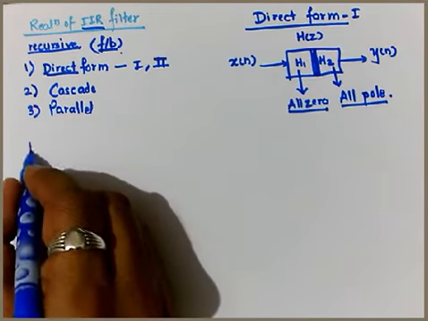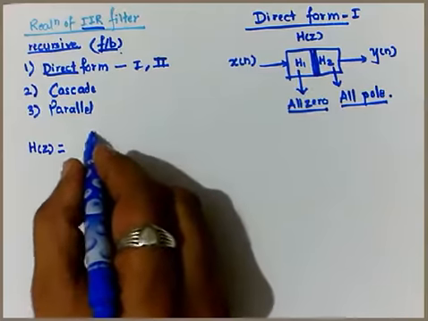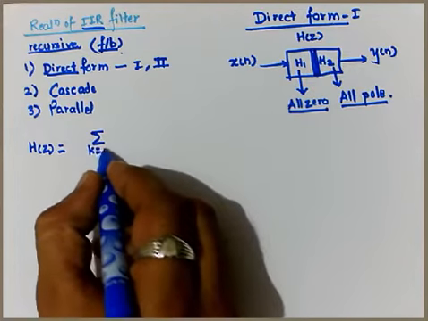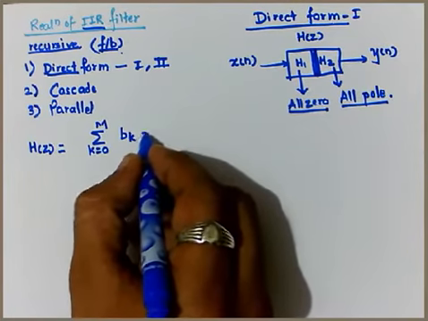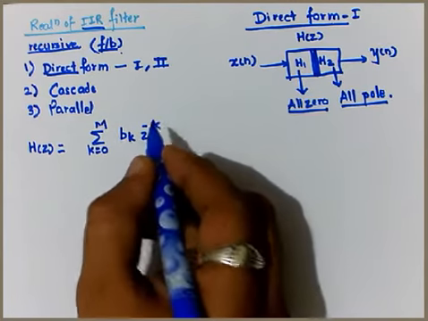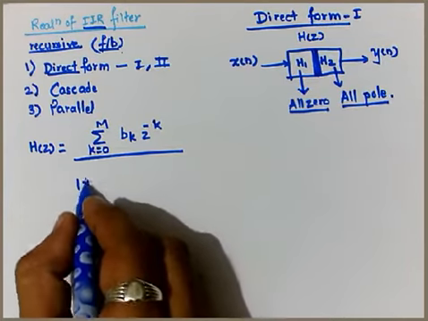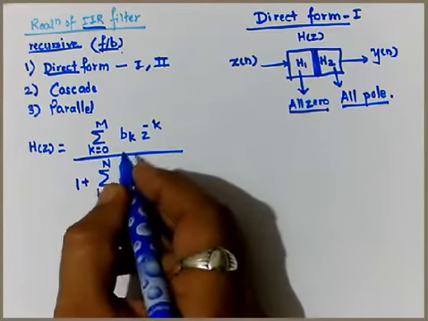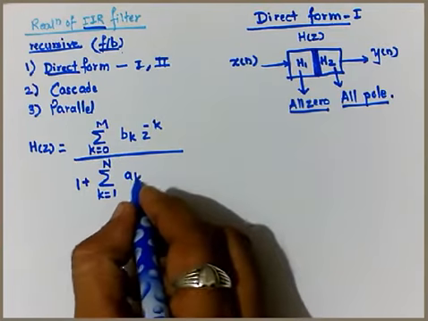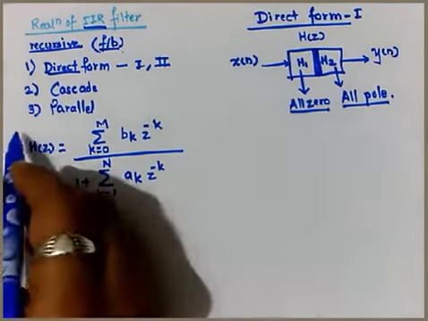It is H of z equal to summation k equal to 0 to M b_k z raised to minus k, divided by 1 plus summation k equal to 1 to N a_k z raised to minus k. This is how this particular equation is written.